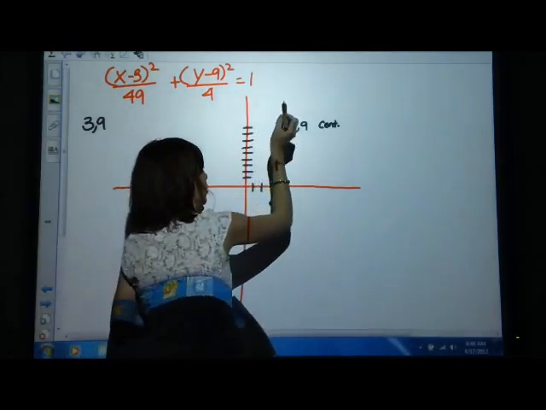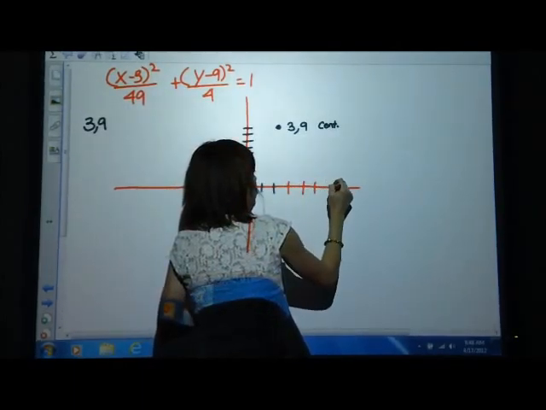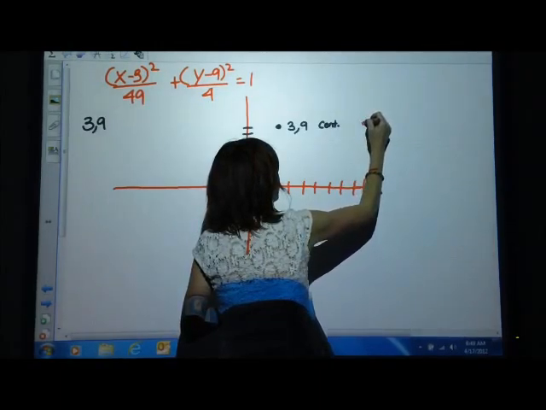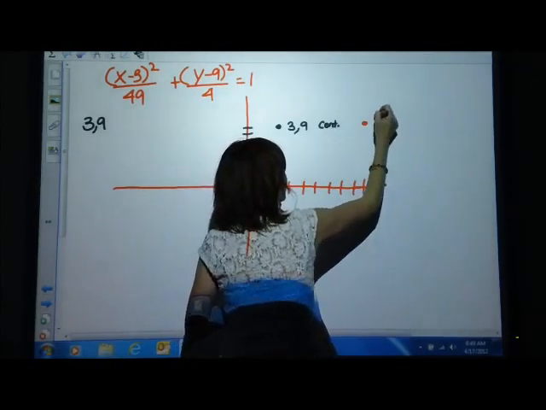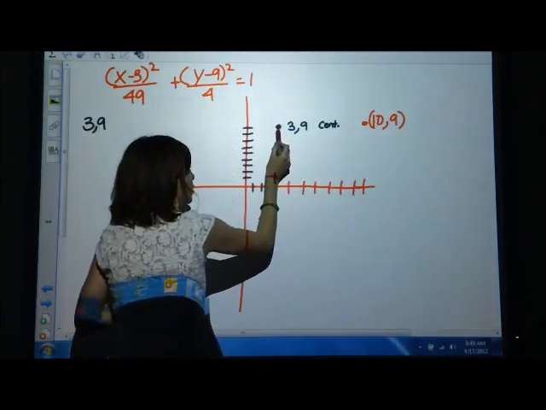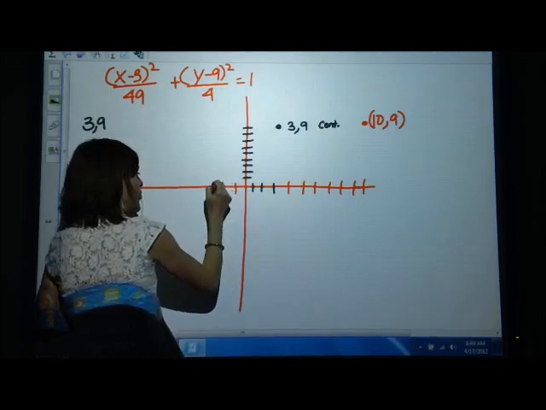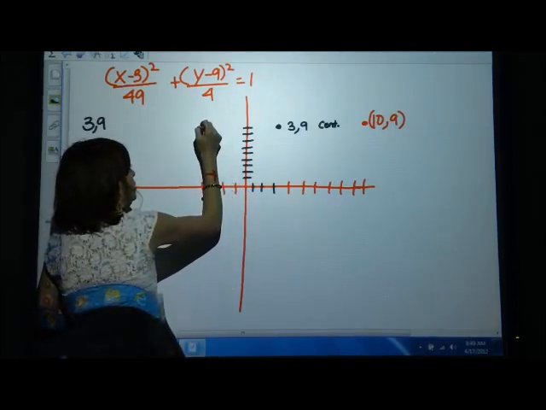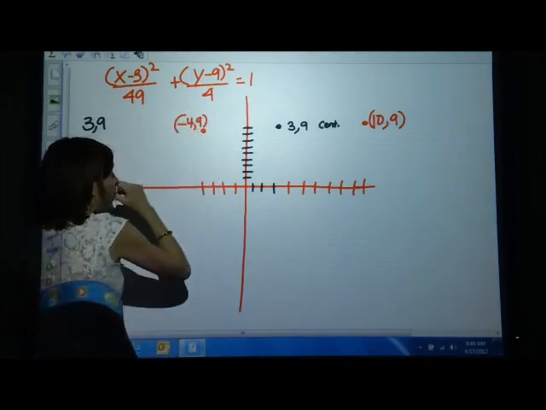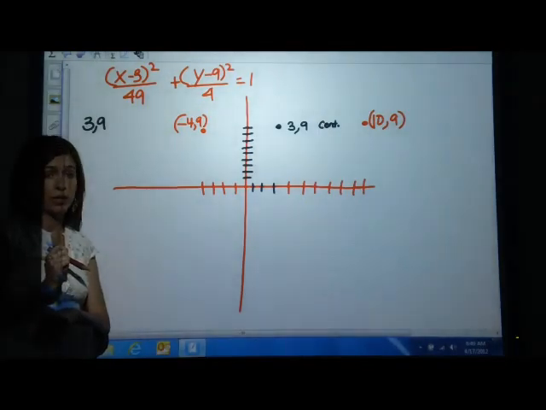So to get my vertices, I'm going to go 7 this way, 1, 2, 3, 4, 5, 6, 7, and still up at 9. So that coordinate is going to be (10, 9), and I'm going to go 7 this direction. I'm already at 3, so I'm going 1, 2, 3, 4 here. So I'm going to be at (-4, 9). Okay? And that's my major axis, so those are my vertices.